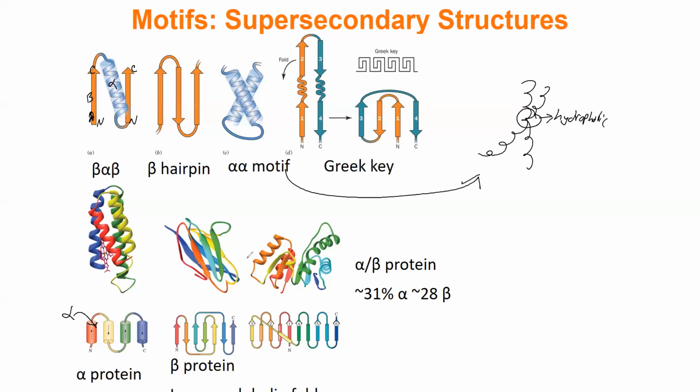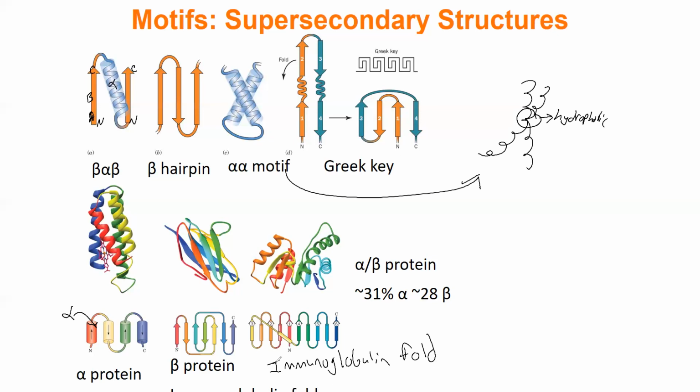So those are some motifs. Those are some different types of supersecondary structures that are common in proteins. And what's cool about these secondary structures is that some of these structures have functions that go with them.